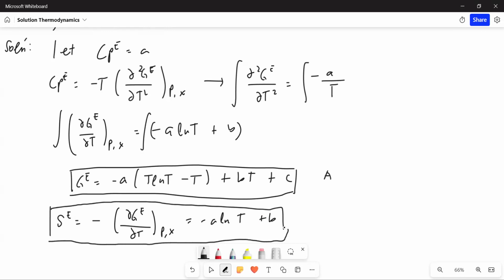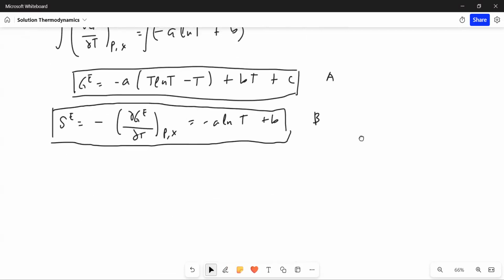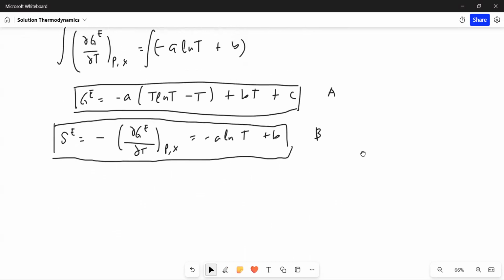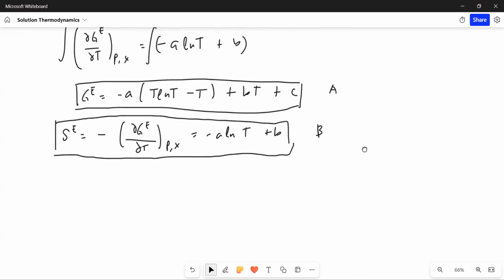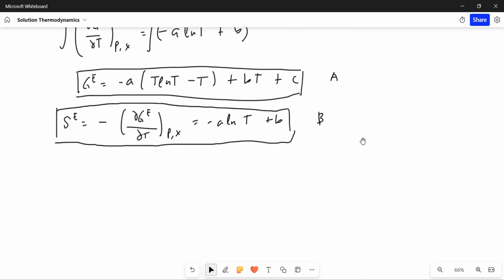Let's name it as letter B, equation B. So now we have expressions for Gibbs free energy excess and entropy excess in terms of temperature. The last property that we need to derive is HE.